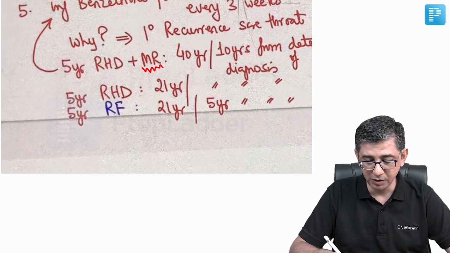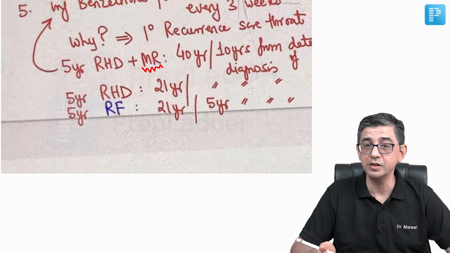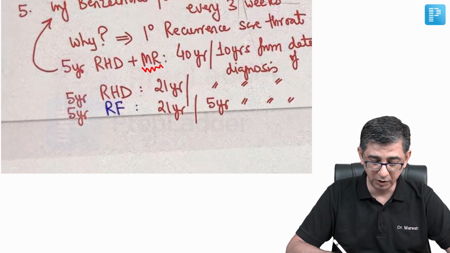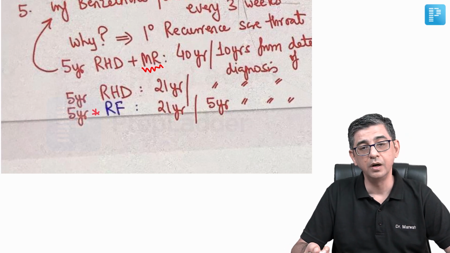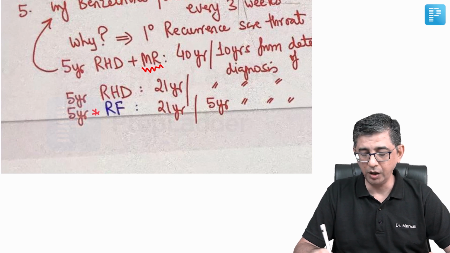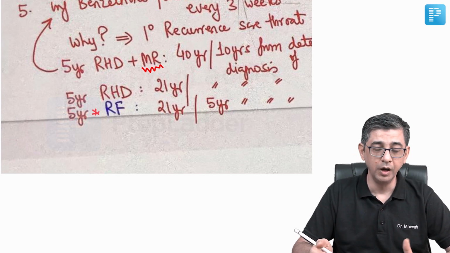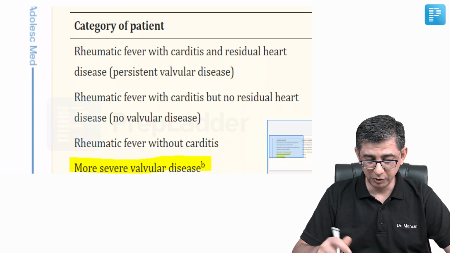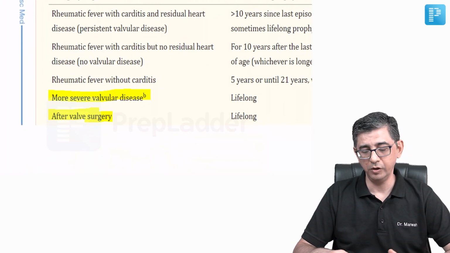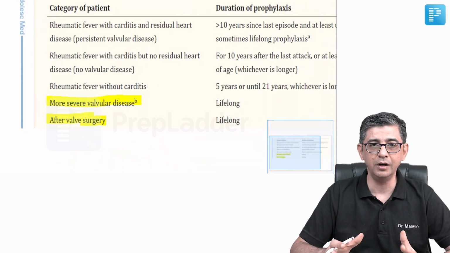So the answers and the duration for which the prophylaxis would be required would definitely be changing. And the question was, I think, with respect to plain rheumatic fever. Now the message is, if it's going to be with valvular lesion, then it's 40, or it can even go to lifelong. But in this particular question, let me just show you the textbook reference also here. I mean, first of all, lifelong is very non-practical, I would say.